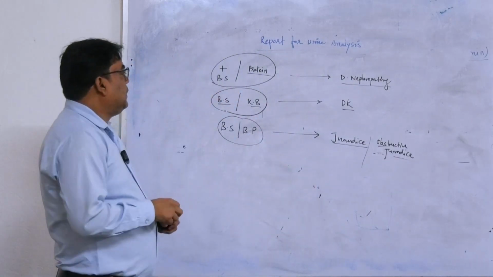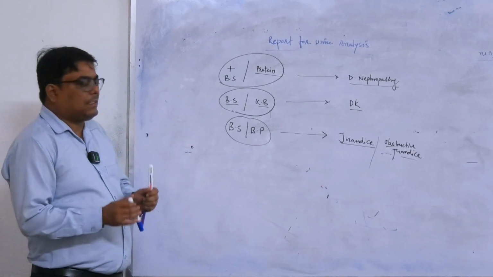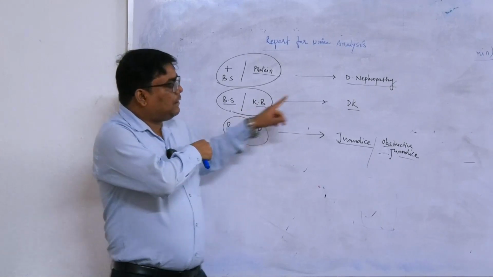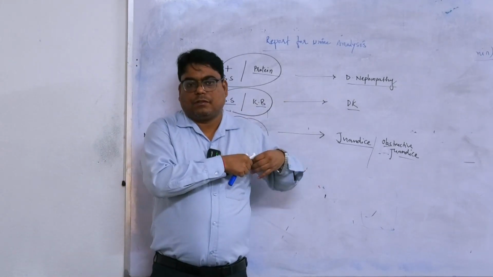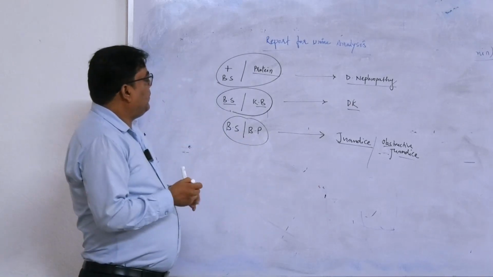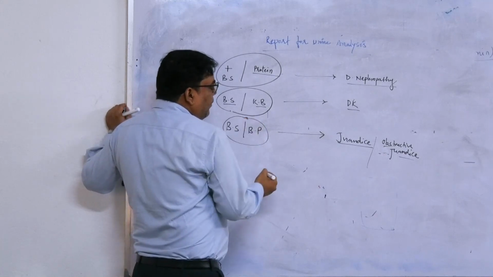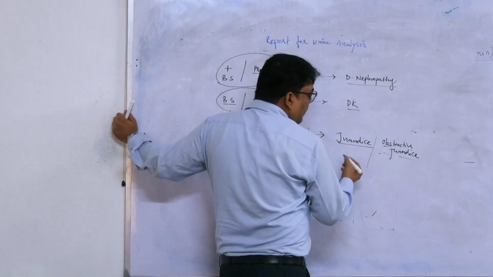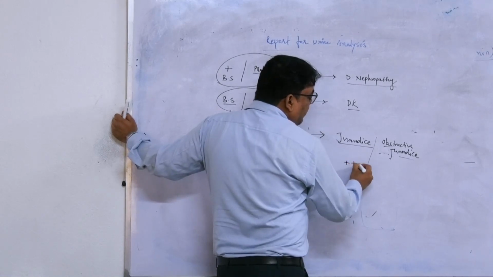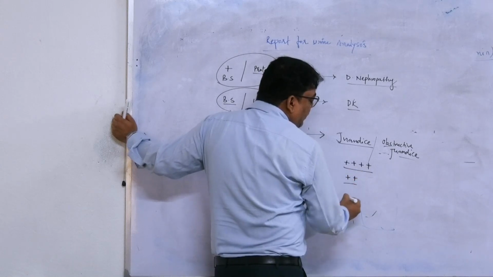Okay. So it is assumed that if both samples are positive in such cases, the sample may be from such patients. And you already know that proteins and blood sugar are represented this way: tetra positive, double positive.